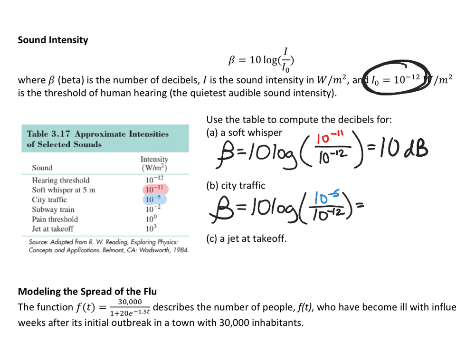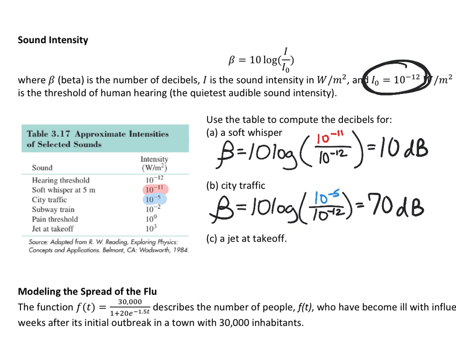It retypes the whole thing, because the only thing I changed was this value up here. It's not negative 11 anymore, it's negative 5. So I can type it much faster if I just edit. Because there were 2 digits and I only wanted 1, I press delete, up at the top it says DEL, then overtype the other one. So city traffic we hear at 70 decibels, which is 7 times as loud as a soft whisper.